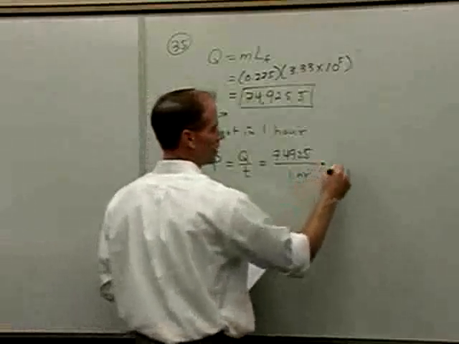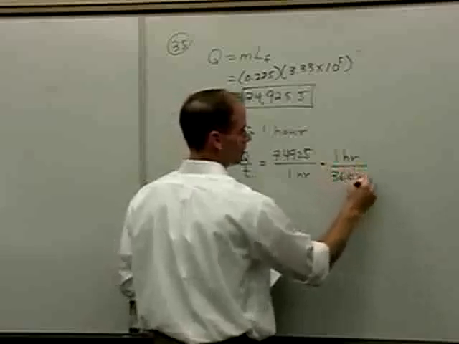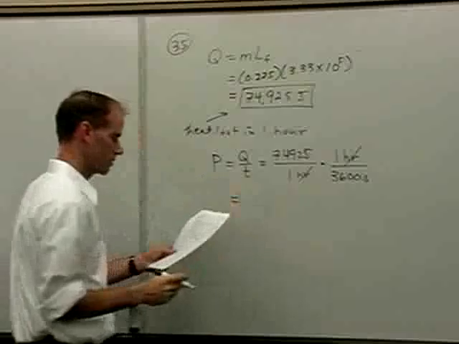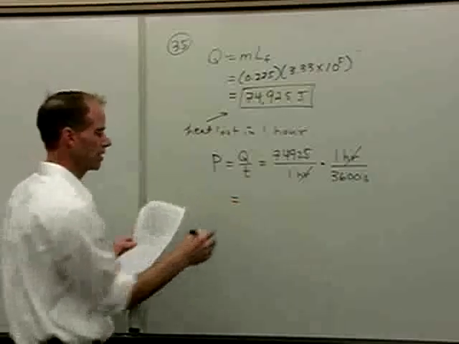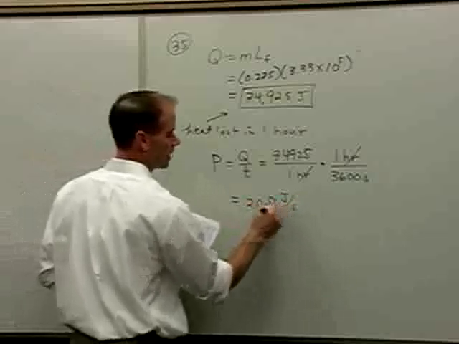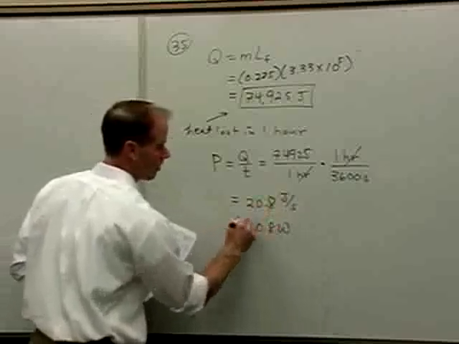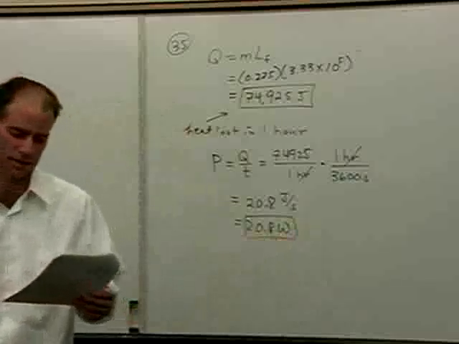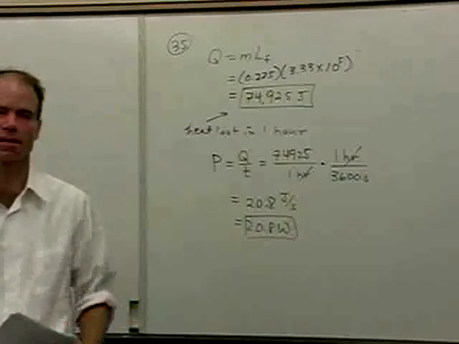So we'll say that there is 1 hour for 3,600 seconds. And so we have 74,925 divided by 3,600 gives us 20.8 joules per second, or 20.8 watts. So that's how much energy per second is passing through the walls of the container.